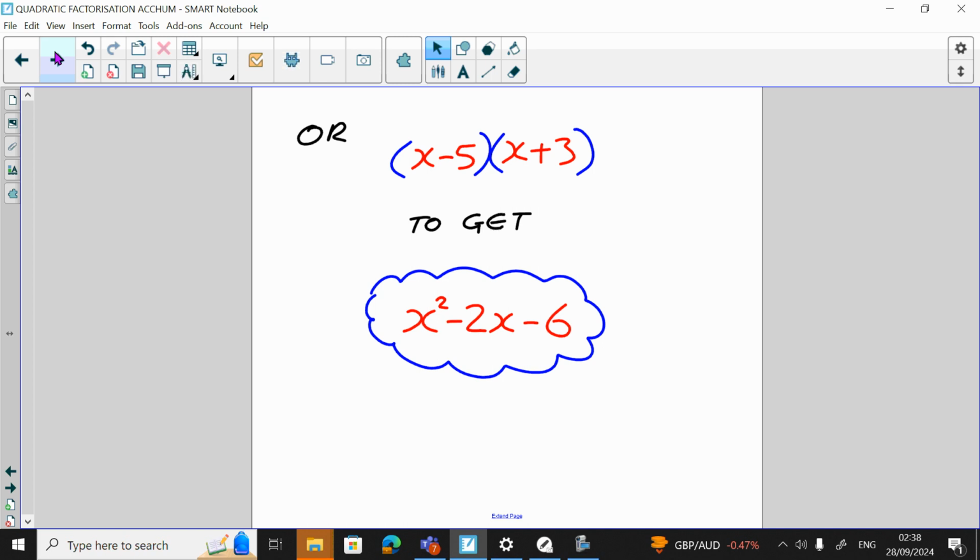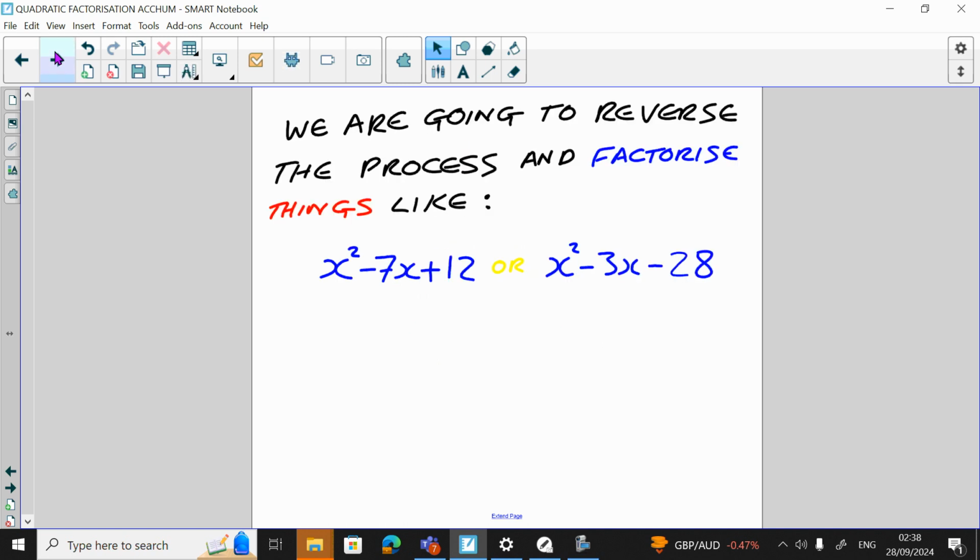So the aim of the game here is to reverse the situation. So here we go, we get 2 quadratic expressions here. And because there's 3 things involved, we will call them trinomials.